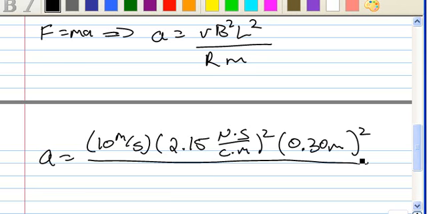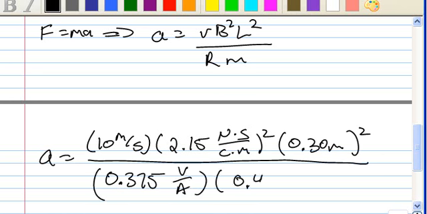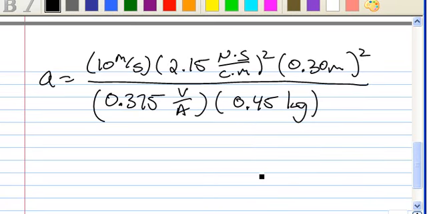Over the resistance, which is given as 0.375 ohms. An ohm is a volt per amp. And finally, we have the mass of 0.45 kilograms. So we can multiply all these things together and cancel out the various units. What we find when we do this is that the acceleration is 24.7 meters per second.